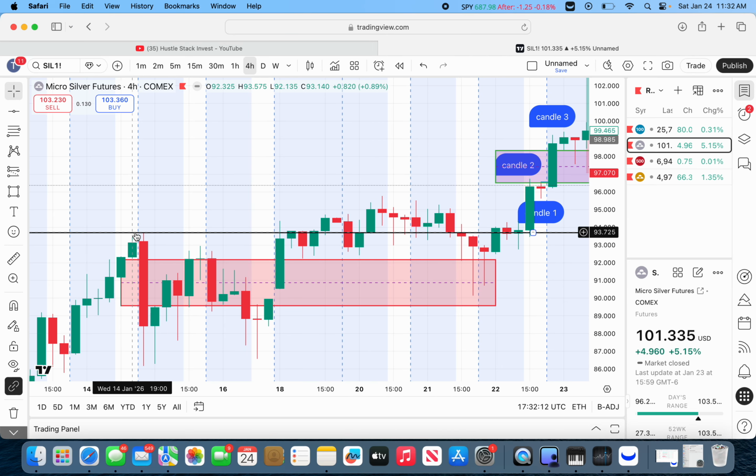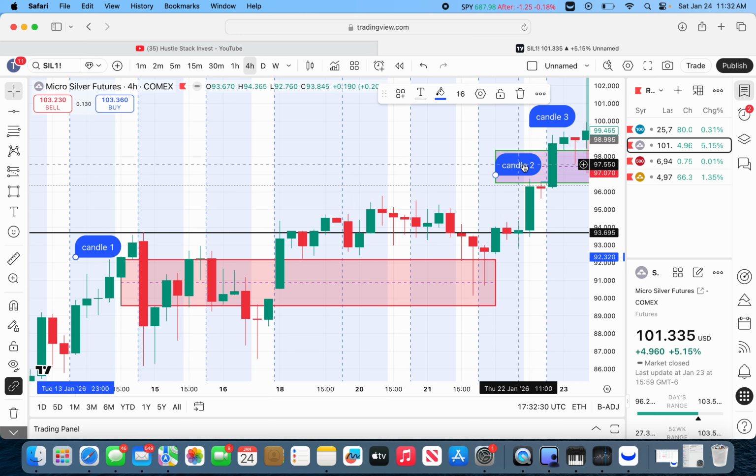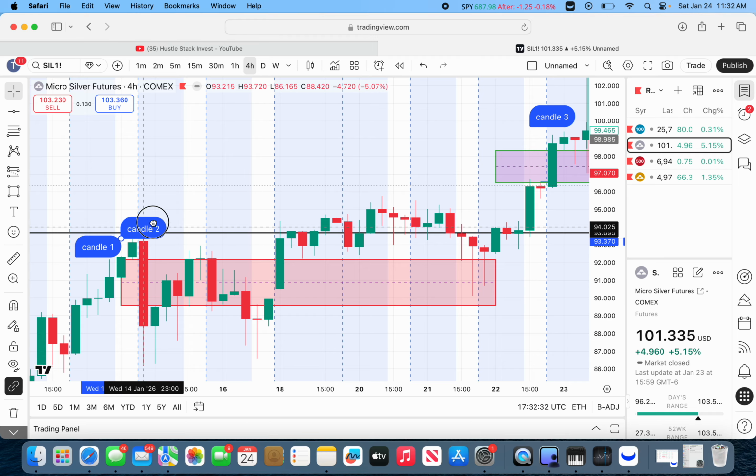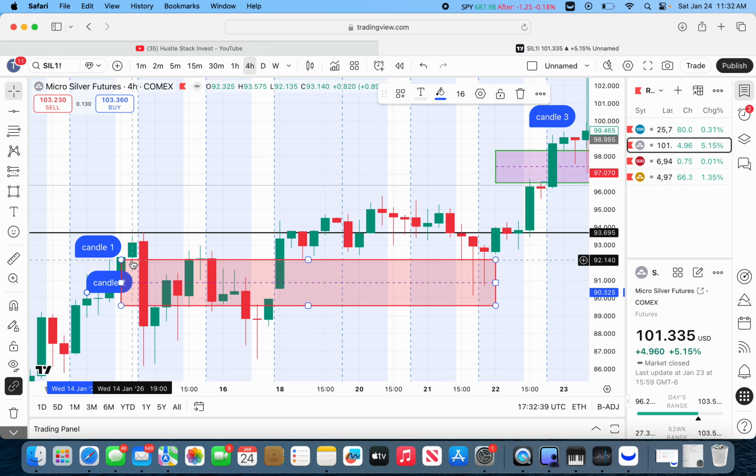If price closes above this area, this is showing us that it is finna reverse, because 1, 2, and 3, this is the 3-candle pattern that started that fair value gap. Candle 1 will be this green candle right here. Candle 2 will be the biggest candle that has the power of the fair value gap, that caused the gap, because this candle was what made the gap between that first candle and this third candle.